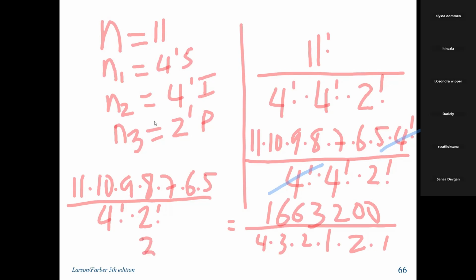So that gives you 34,650. Okay, 34,650 different ways you can arrange the word Mississippi. Got it?